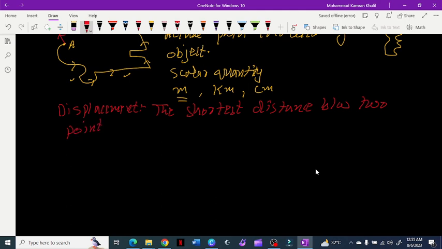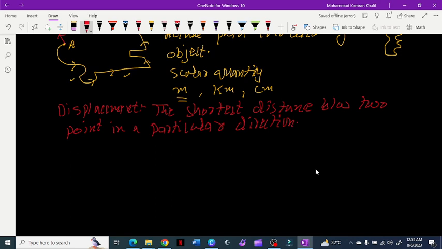The shortest distance between 2 points in a particular direction is called the displacement.